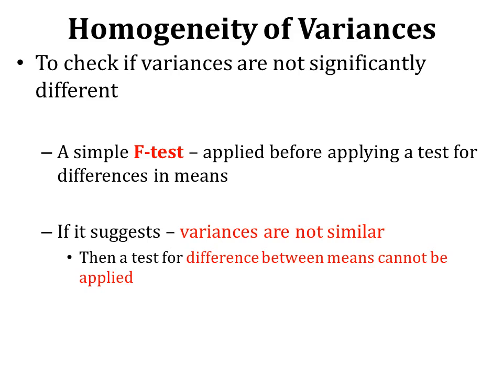So this is a pre-test that we need to do before the t-test for unmatched observations, to make sure there is homogeneity of variances. If the variances are not similar, then we cannot perform the t-test for unmatched observations. So this simple test needs to be done first.